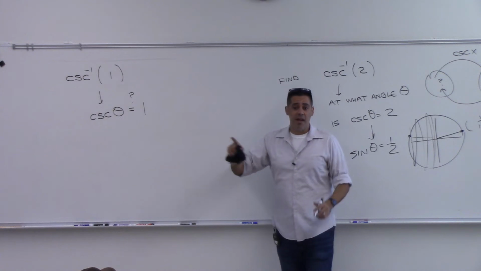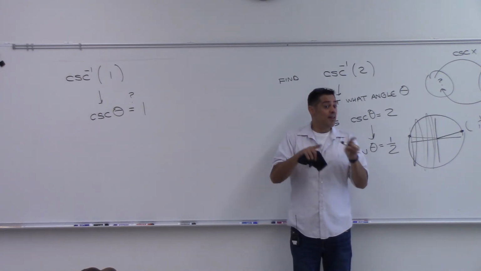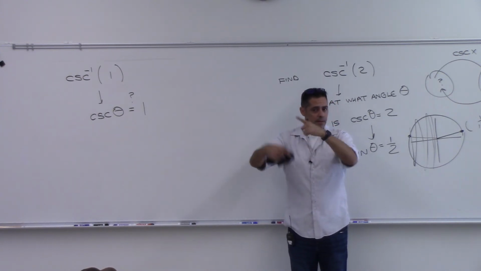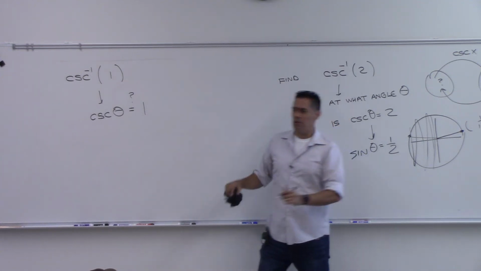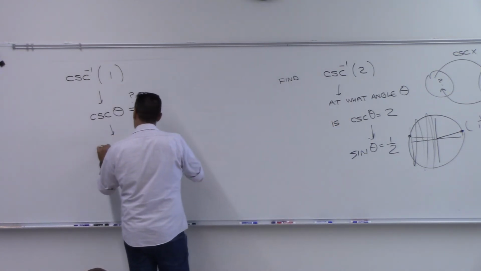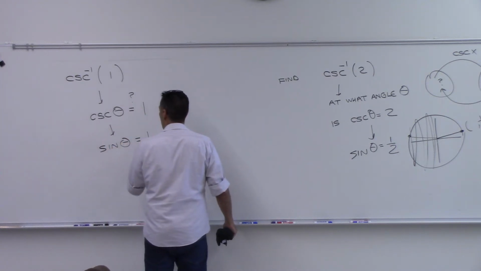But that's really saying sine of what angle is the reciprocal of 1. What's the reciprocal of 1? 1 still, right? So this is really saying sine of what angle is 1.